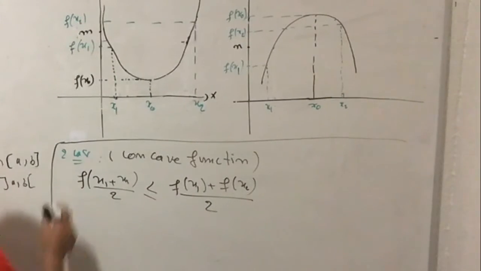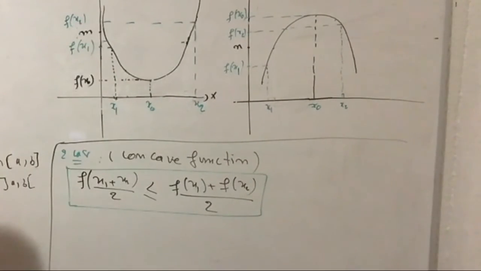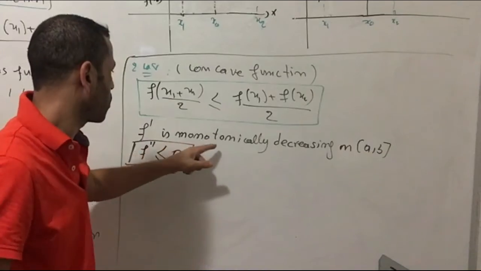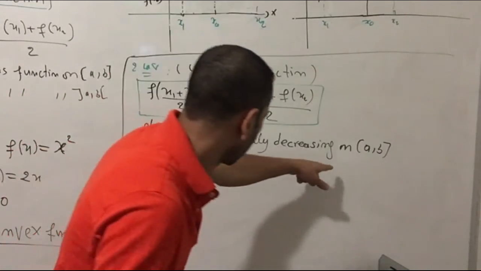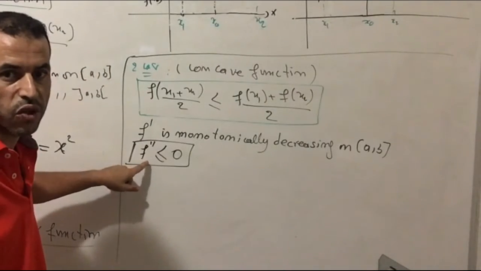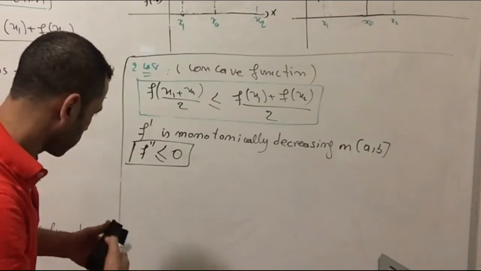That's all we had before. Now, I'm going to look at the first derivative function of this one. F prime is monotonically decreasing on the closed interval [a, b]. The second derivative function has to be negative, inferior or equal to 0.